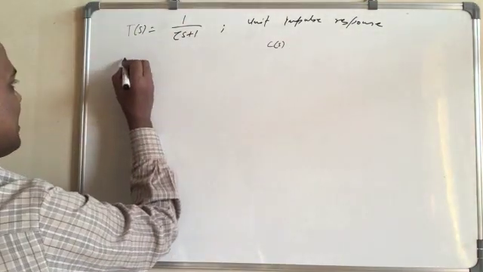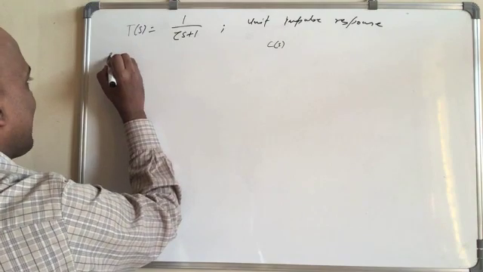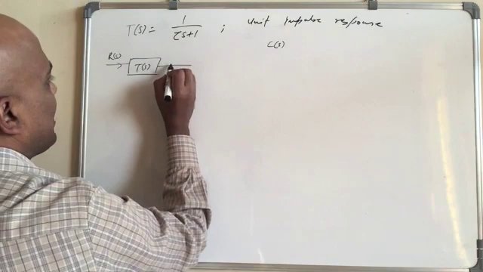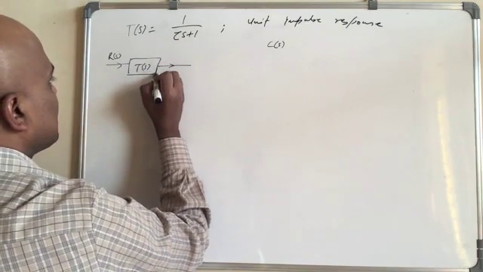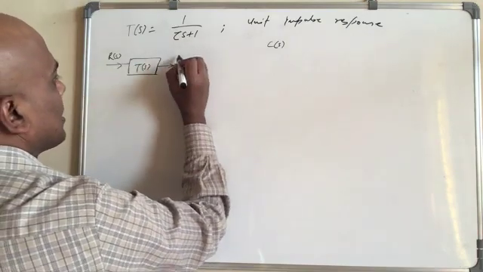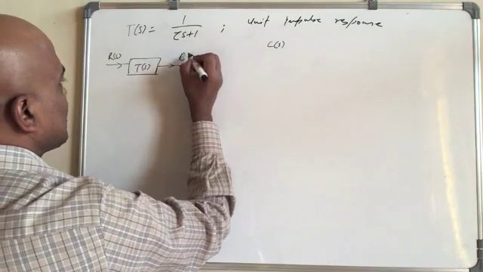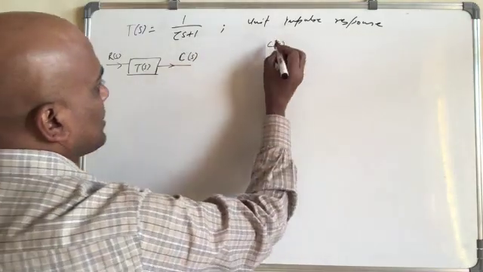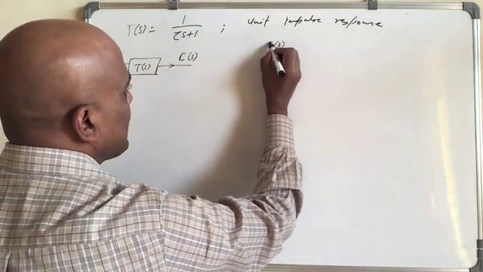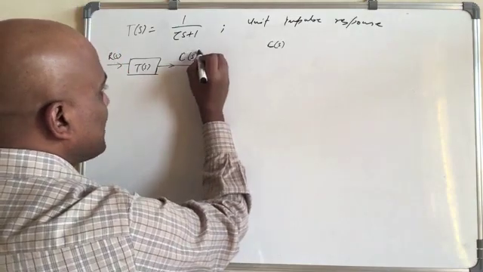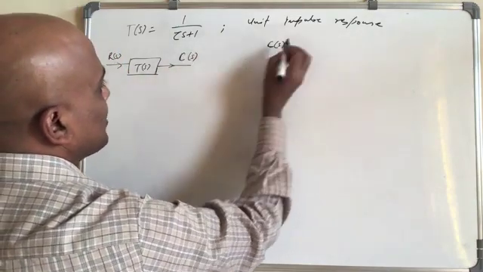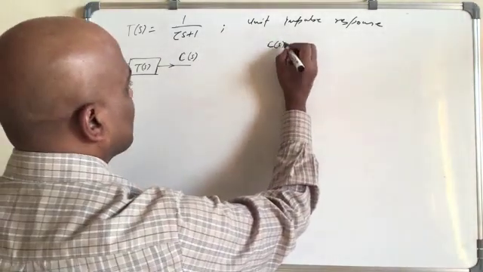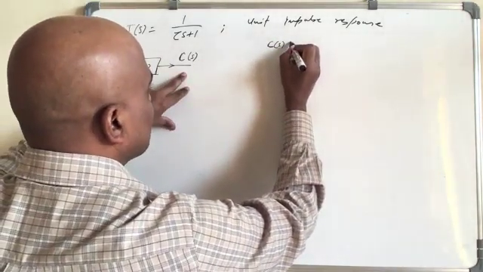As you know, in terms of this, you have Rs and you have Ts here, and then you have Cs here.